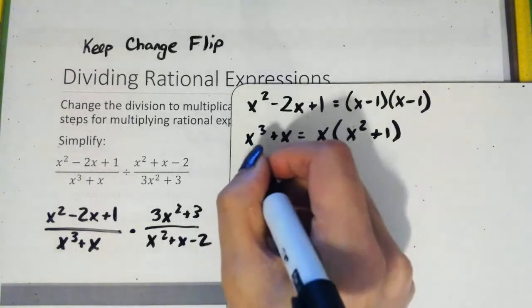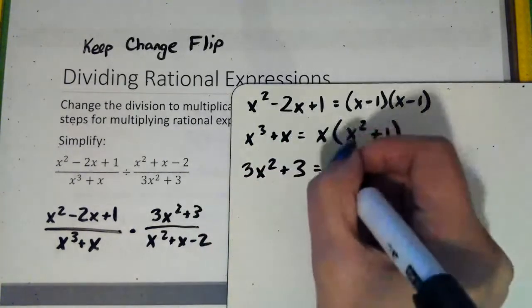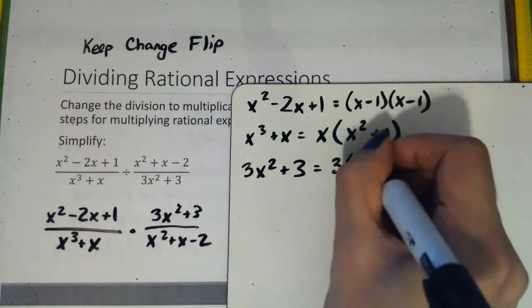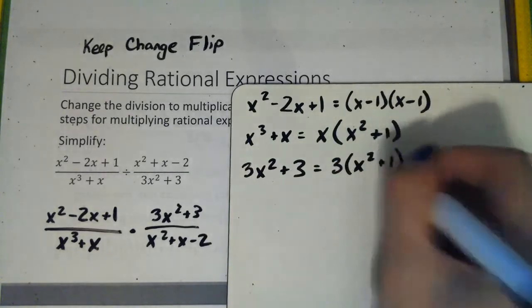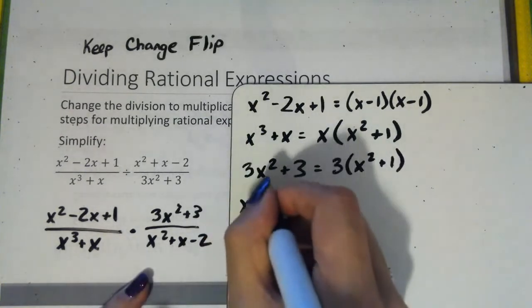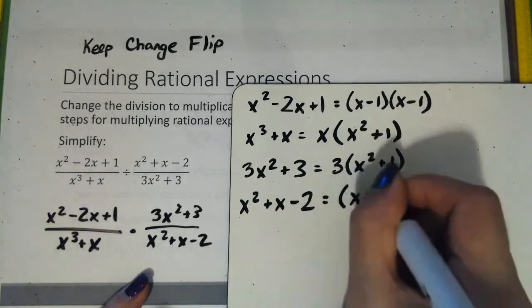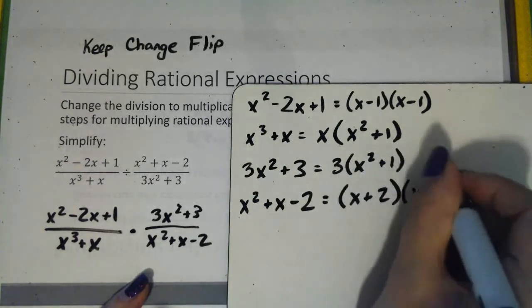Our second numerator is 3x squared plus 3. There's a greatest common factor of 3 that I can factor out, leaving me with x squared plus 1 in parentheses. And then my second denominator, x squared plus x minus 2, factors into x plus 2 times x minus 1.